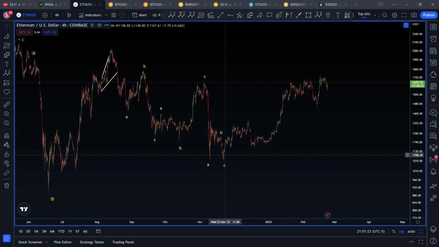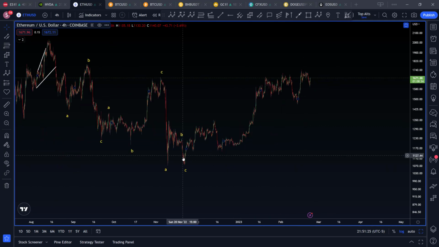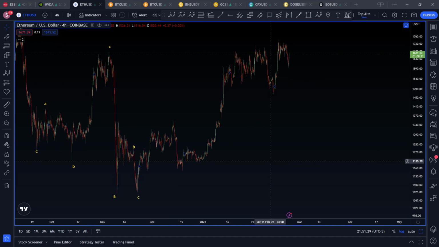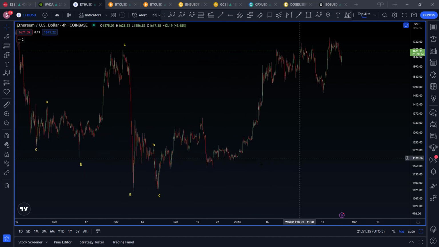Okay, so then we had this ugly move off the low that I saw a lot of people try to say was a diagonal. It's not. First of all, in a diagonal, you can't have a triangle, and I think that you do have a triangle in here. You would expect to have a sharp wave 2 and wave 4.